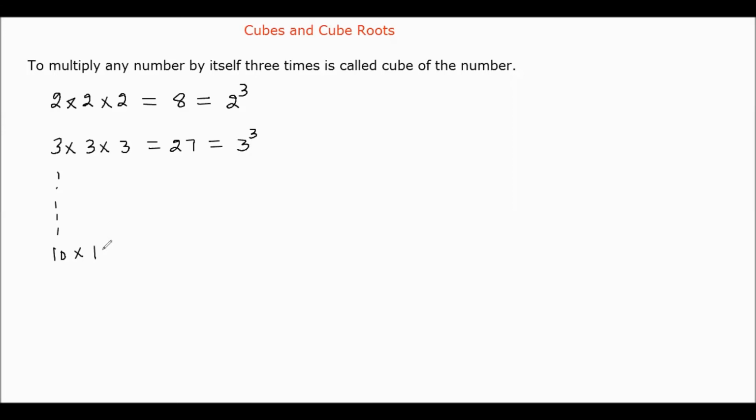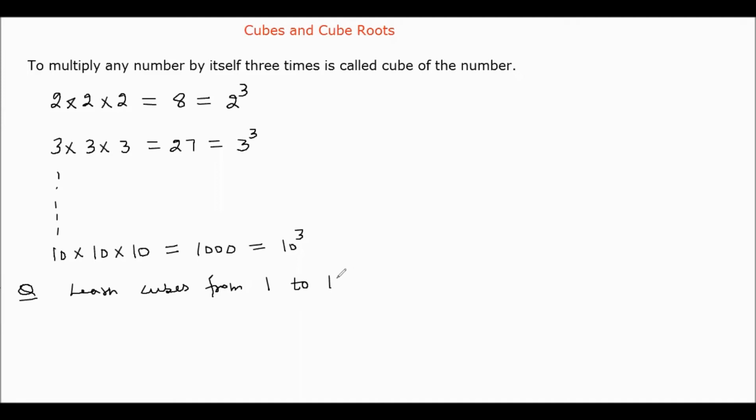So if I want to find the cube of 10, I'll multiply 10 into 10 into 10. That means 3 times 10. So I'll get 1000, which can also be read as 10 to the power 3. So you have to learn cubes from number 1 to 15.